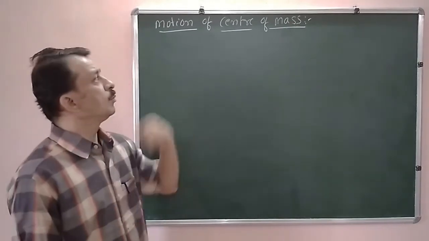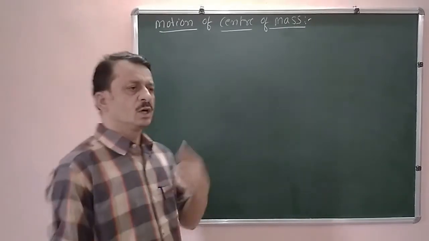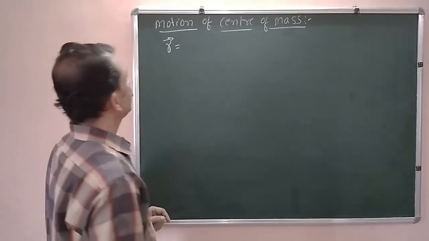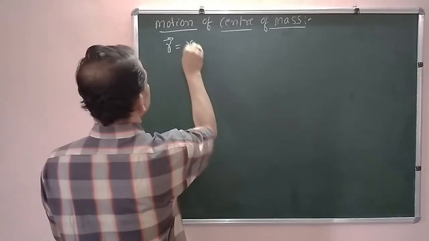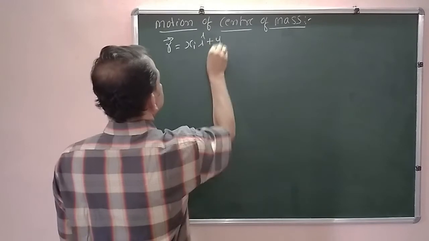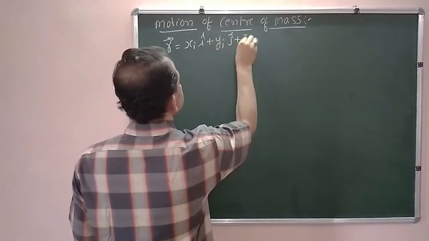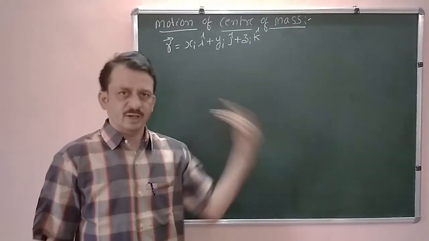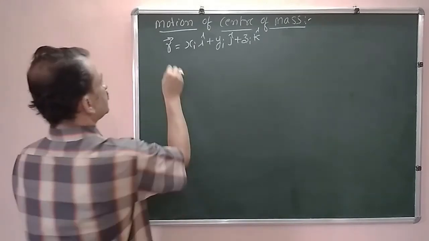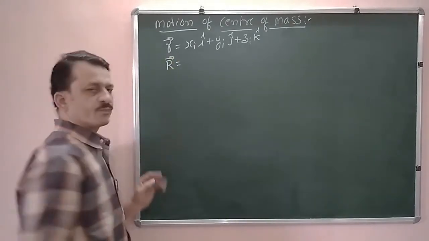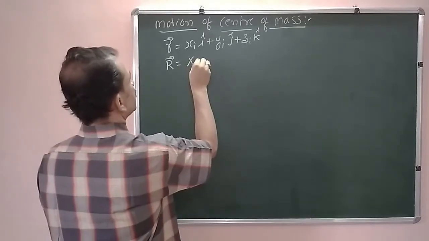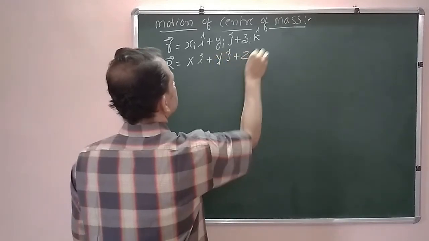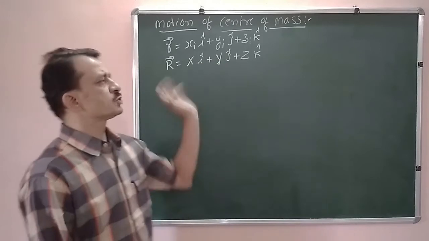Next concept, motion of center of mass. Now in the previous class we have studied, if the position vector of the ith particle in 3 dimensions is given by vector r is equal to xi i cap plus yi j cap plus zi k cap, we are having a system of n number of particles. Then the position vector of the center of mass is given by capital X i cap plus capital Y j cap plus capital Z k cap, and we have used the integration part for that.